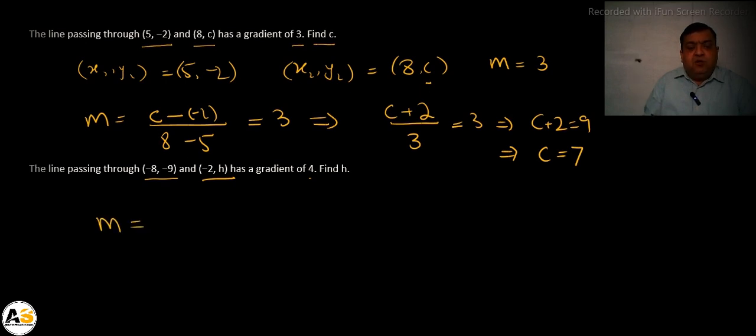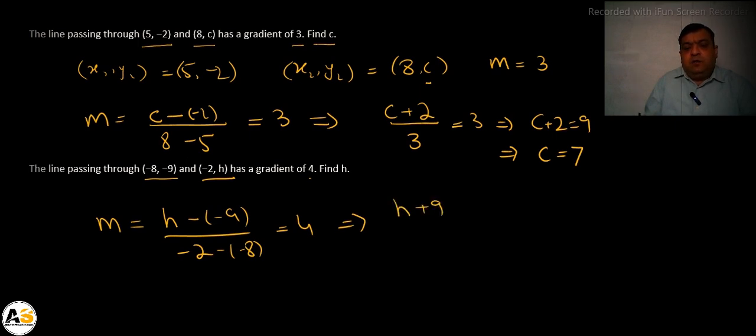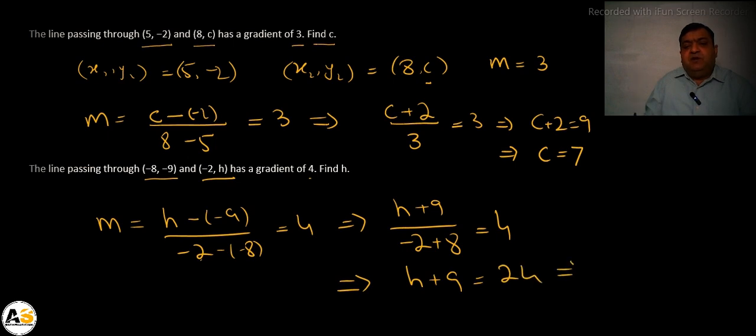Gradient is equal to y2 minus y1 over x2 minus x1, and this gradient is 4, which implies h minus minus 9, h plus 9, over minus 2 plus 8 is equal to 4, which further implies h plus 9 is equal to 6 times 4, 24, which implies h is equal to 15.